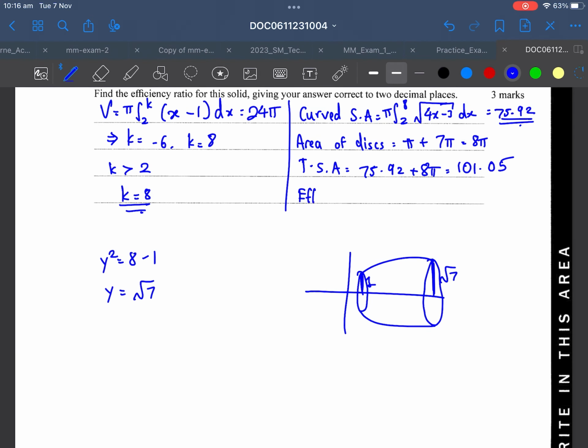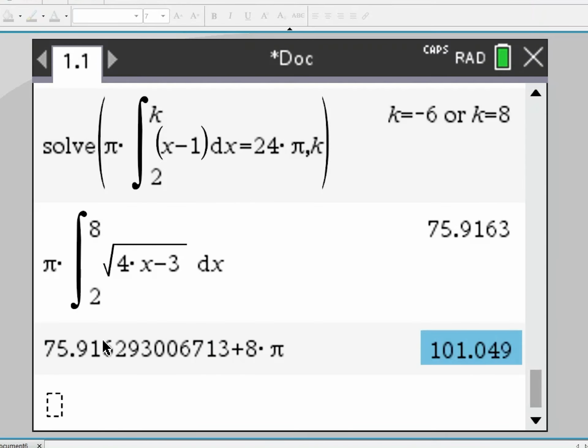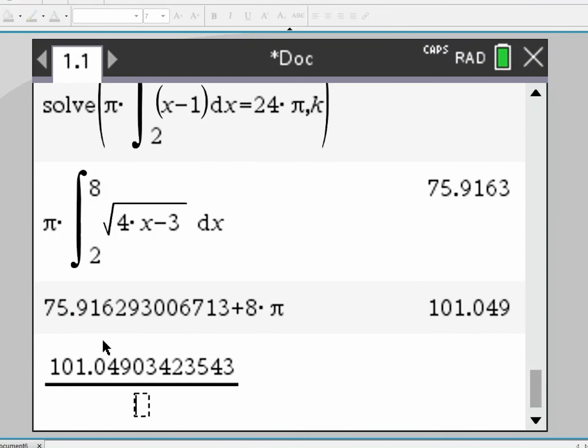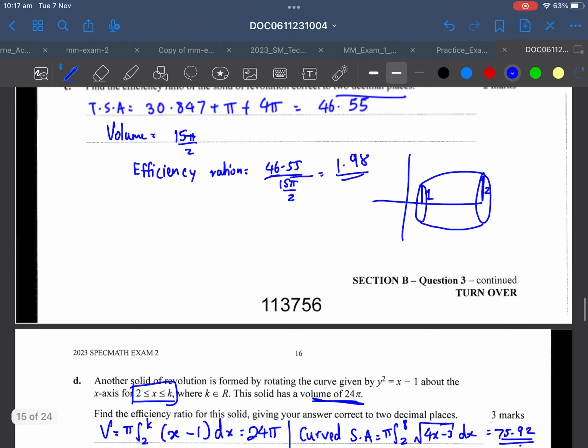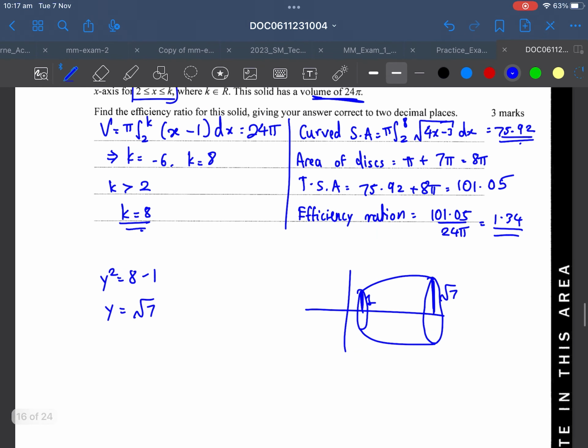And our efficiency ratio would be 101.05 divided by 24 pi, so 1.34. Yep, okay, that makes enough sense to me.